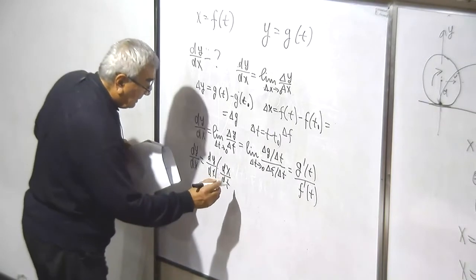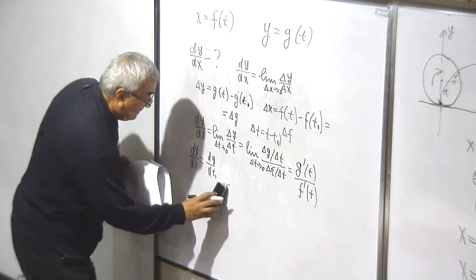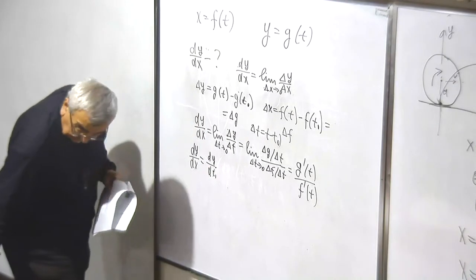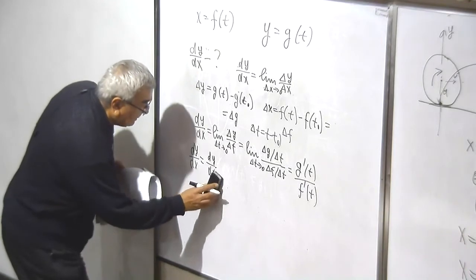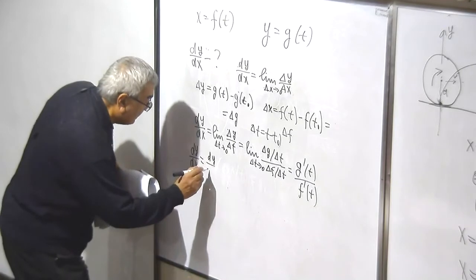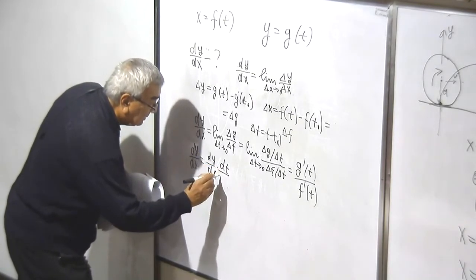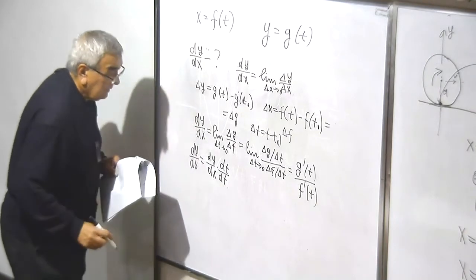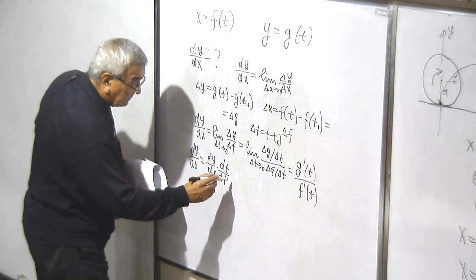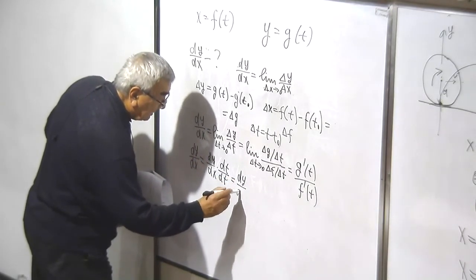Because you see why it is possible to write like this. Here the dx, here I multiply dt by dt. Right? That means I combine that dy/dt, it will be a derivative.